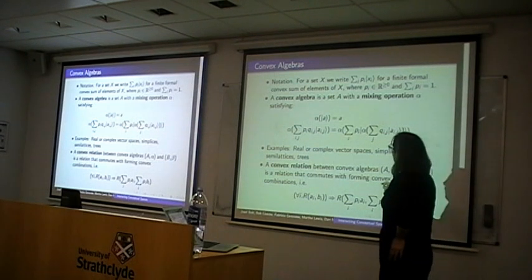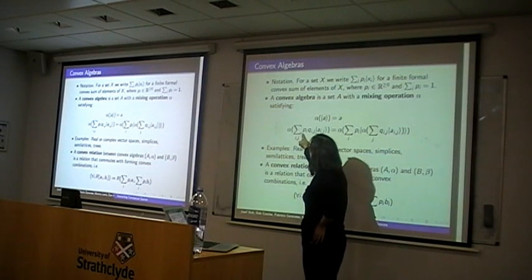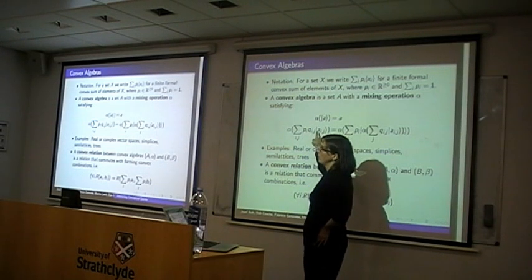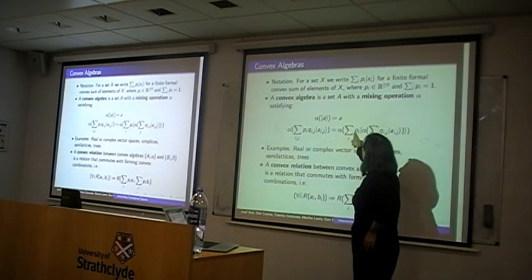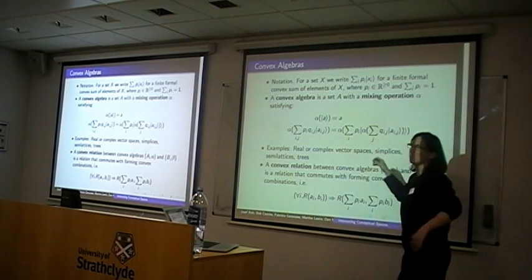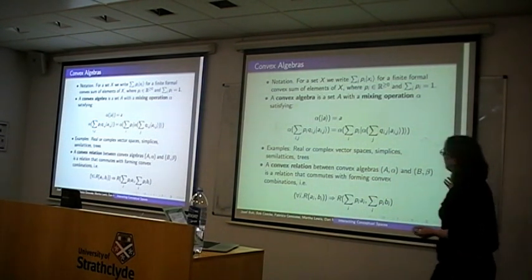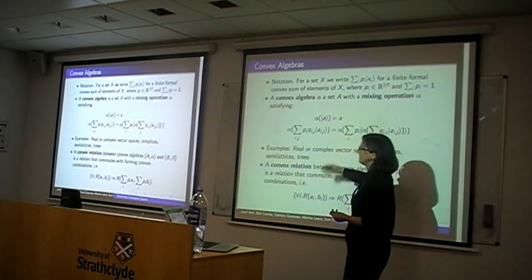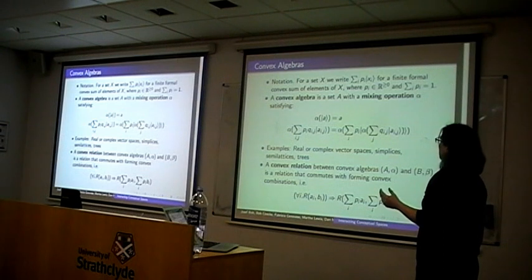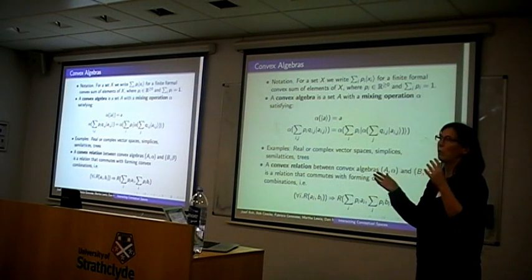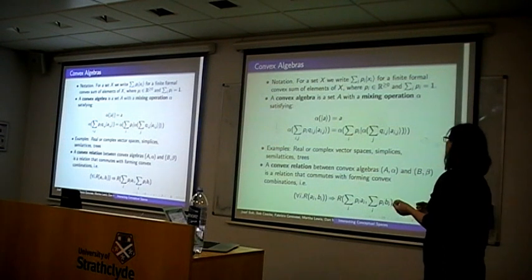And if you take a mixture of a convex sum of a convex sum of elements, then that's the same as taking a mixture of a convex sum of a mixture of the elements. So this flattens out. So examples here are vector spaces. There, the mixing operation is just how you think about normally adding together vectors.